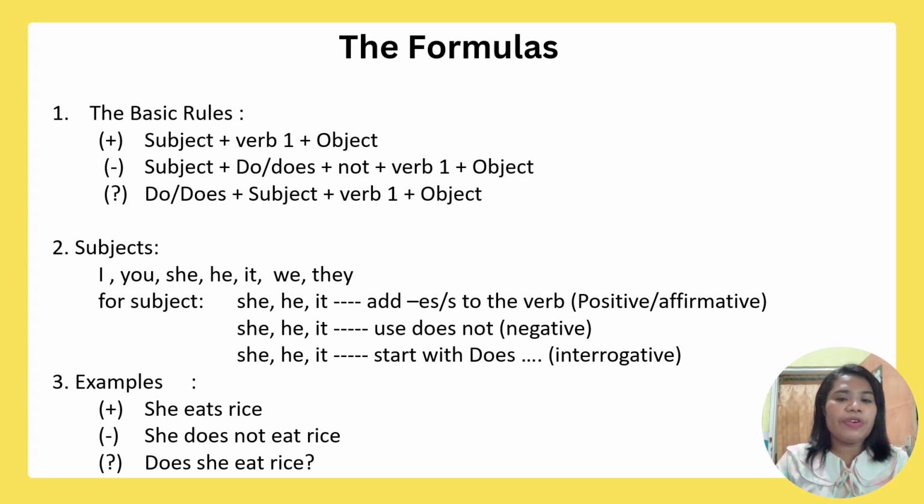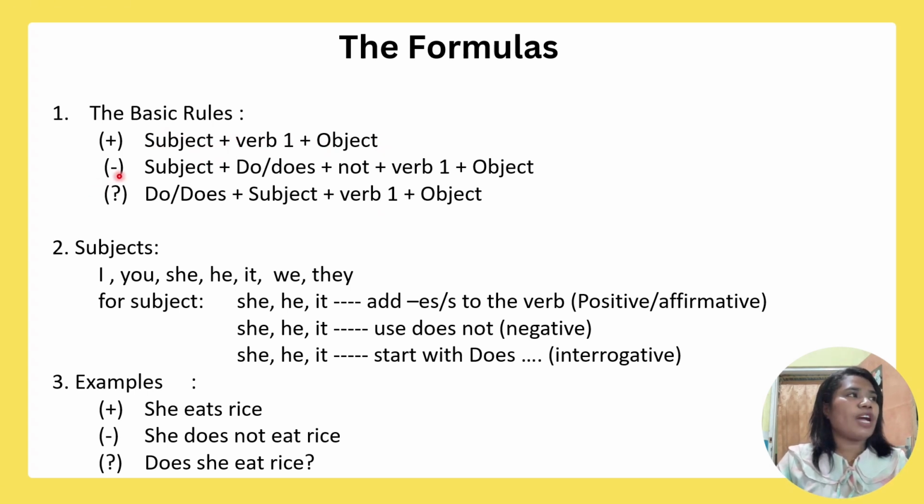I also put here the formula of the simple present tense. The basic rule is subject plus verb 1. To construct the positive sentence, we use subject plus verb 1 plus object.